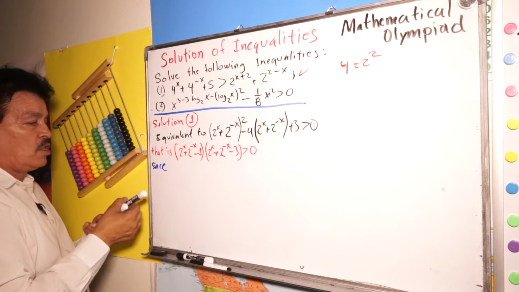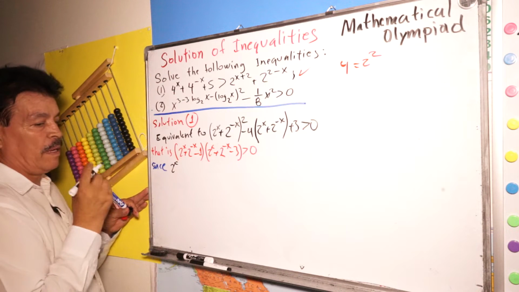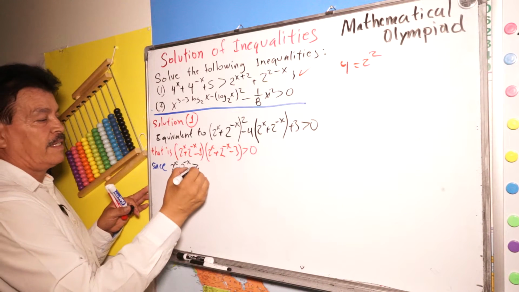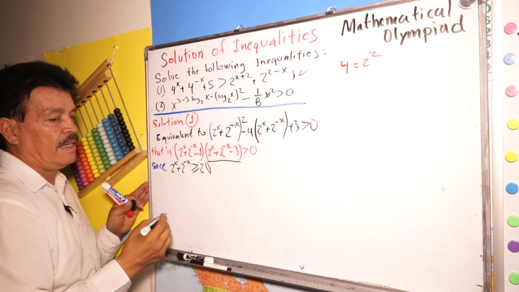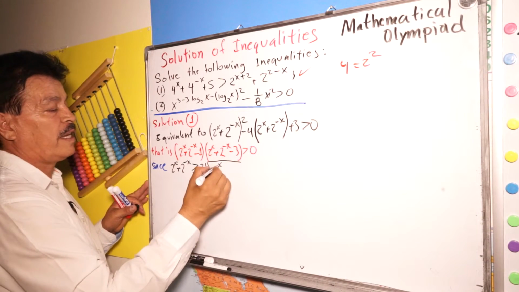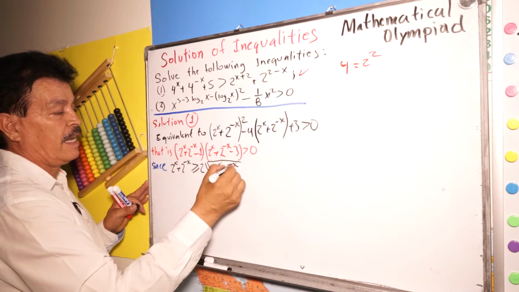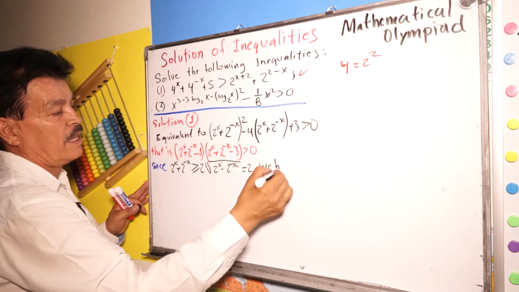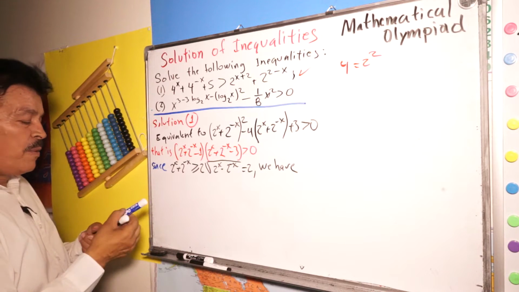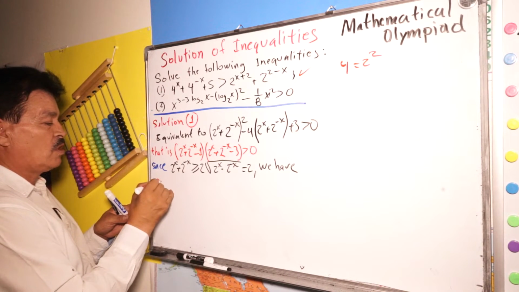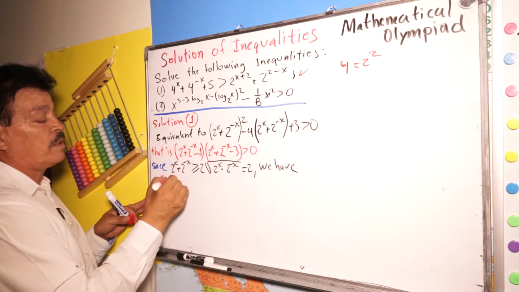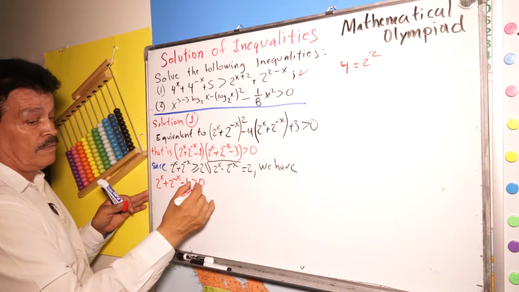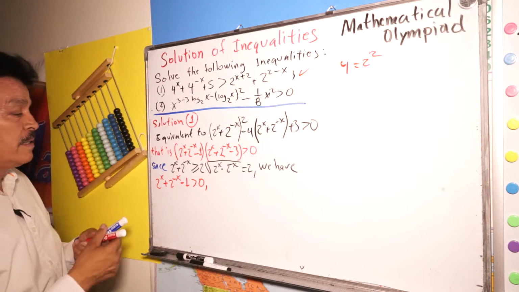Since 2 to the x power plus 2 to the negative x power is greater than or equal to 2, because the square root of 2 to the x times 2 to the negative x equals 2, we have 2 to the x plus 2 to the negative x minus 1 greater than 0.